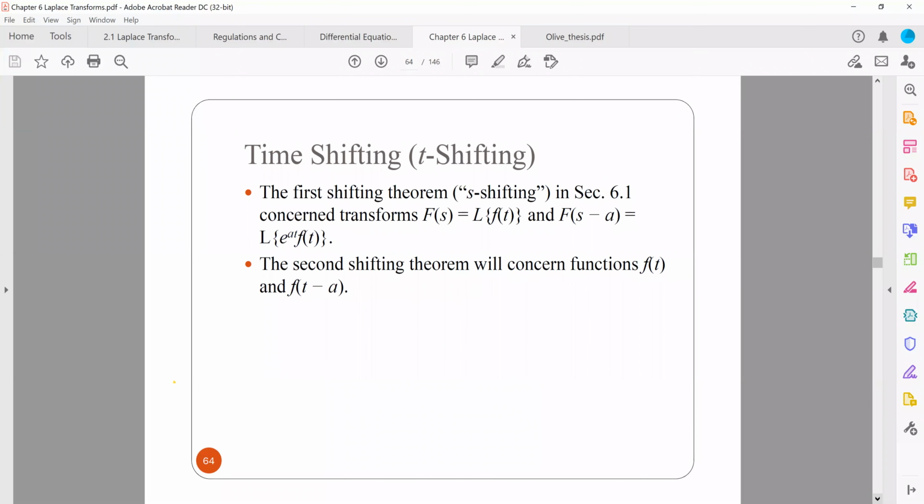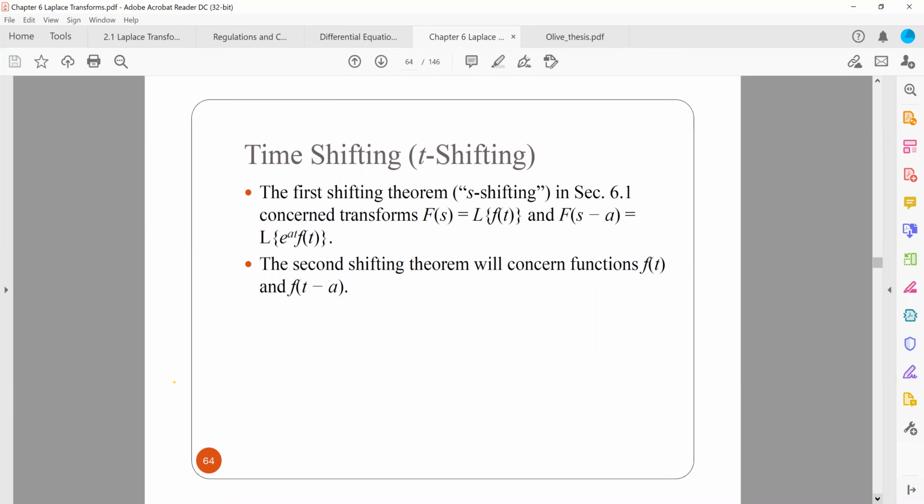We are now going to look at what the issue is of these step functions on our Laplace transform. So we have the time shifting, or t shifting, theorem. What this says is if I have a function f(t) with Laplace transform F(s), then this is the first one we looked at earlier: F(s minus a) is equal to the Laplace transform of e to the power at times f(t).